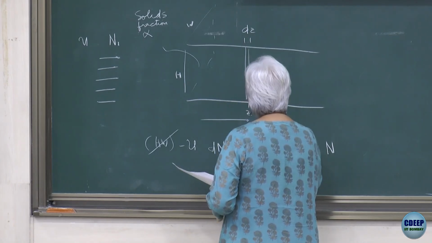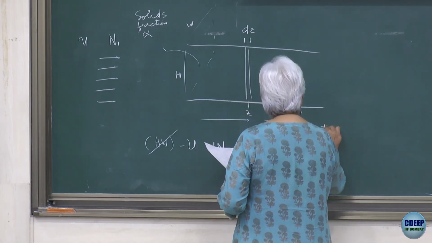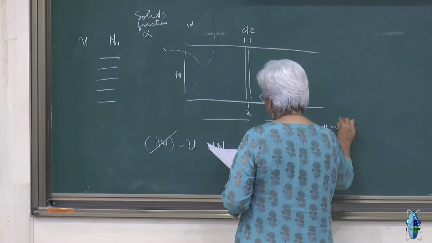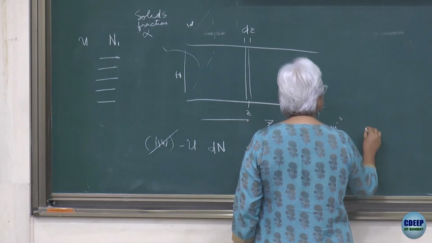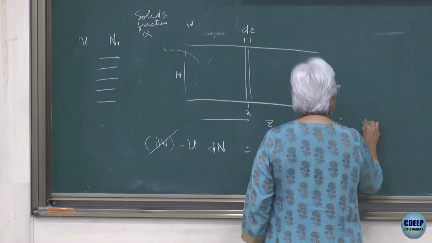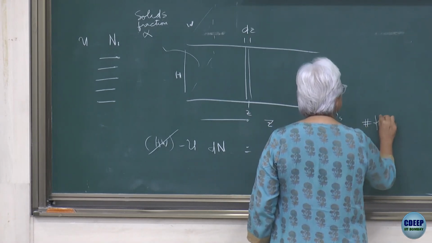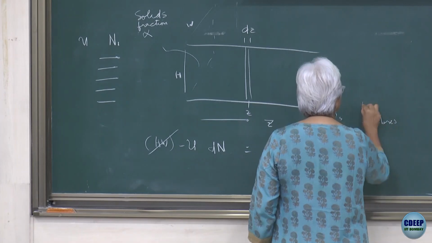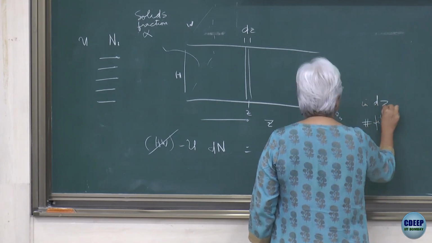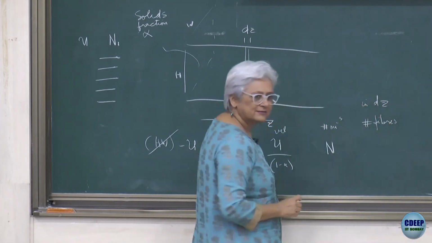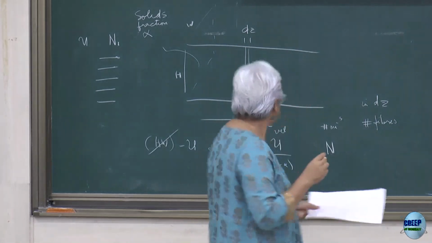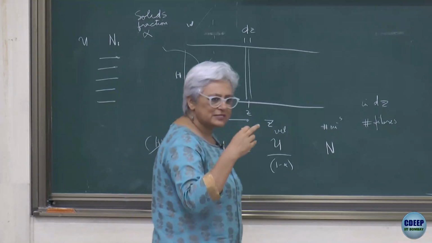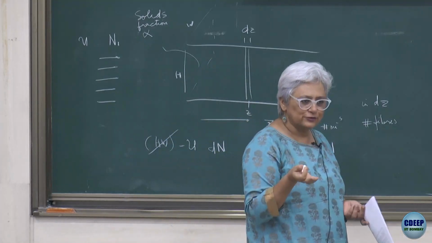So you have the velocity in the bed. Let's say you have a number per meter cubed of particles, and then you want to say in this slice, in delta z, what is the number of fibers? In dz, right? So imagine it as h times w times dz is the total volume.